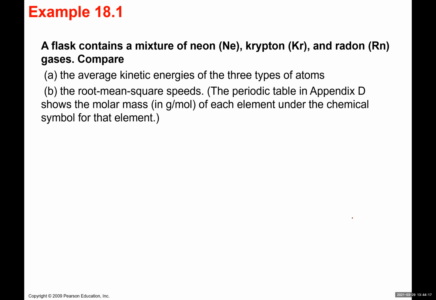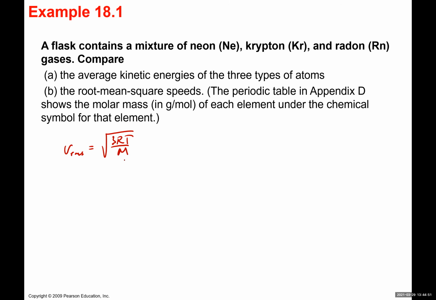All right, so now what we have here is neon, krypton, and radon. I think I have the neon in the table that I just gave you, but there's a more complete table where you can find the values of all the molar masses for all of them. In any case, we have VRMS equals the square root of 3RT over molar mass, right?